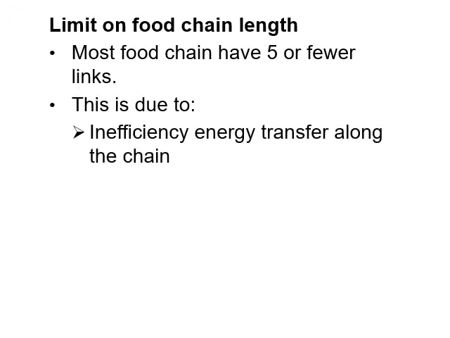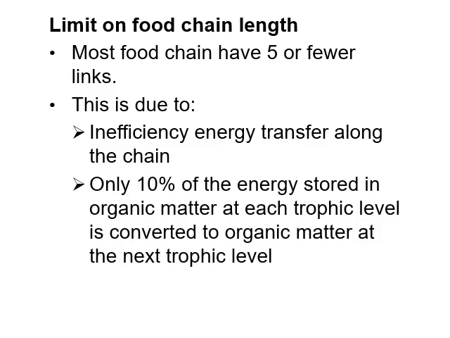Okay, so in conclusion, if you realize, a food chain has a limited length. Most food chains have 5 or fewer links. So why is that? It can't be too long, it can't reach 7 or 8 links. This is due to inefficient energy transfer along the chain.